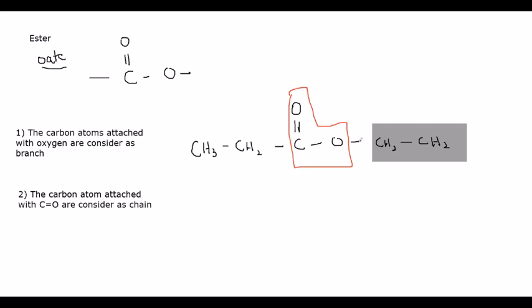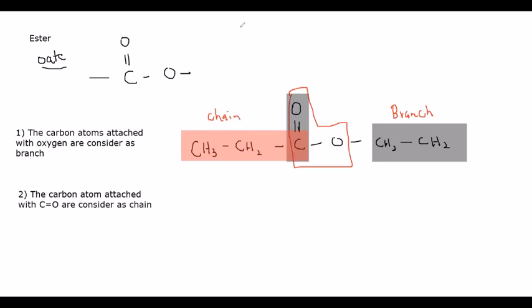The carbon atoms which are attached with oxygen are considered a branch. So on the right hand side, you have a branch. Then the carbon atoms which are attached with C double bonded with O, including that, we call them a chain. So on the right hand side you have a branch, on the left hand side you have a chain.